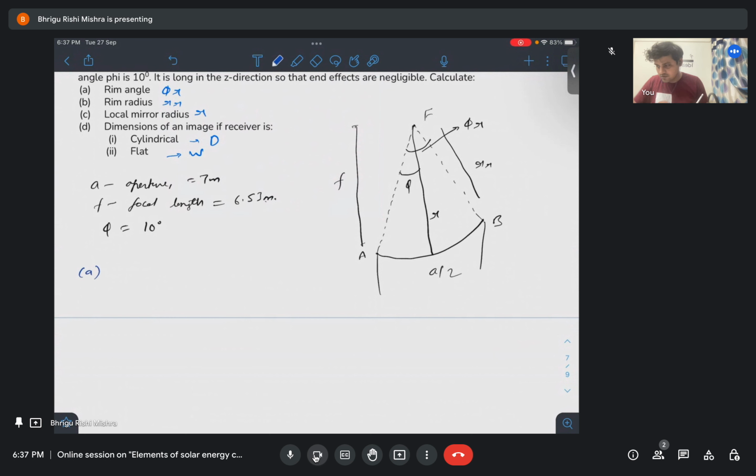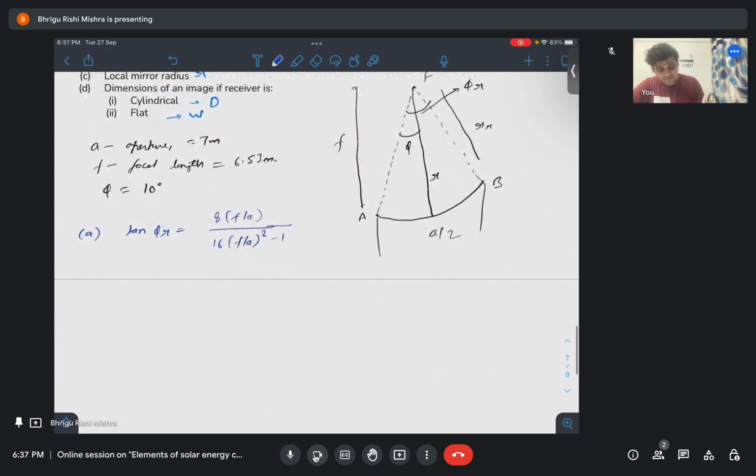The formula for rim angle is tan phi r equals 8 f by a divided by 16 times (f by a) whole square minus 1. We have f as 6.53 and a as 7, so the ratio f by a is 0.933.